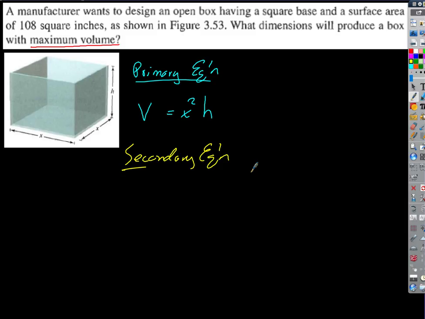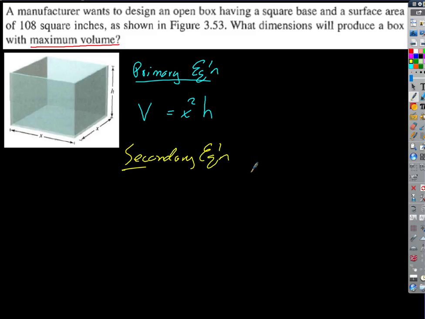The secondary equation has to provide some kind of a limit, right? Because if there were no limits on this, it'd be pretty simple to do. How big would you make your box in order to maximize the volume if there were no limits? Yeah, I'd make mine infinitely wide and infinitely tall. That's not a very useful question, is it? Right?